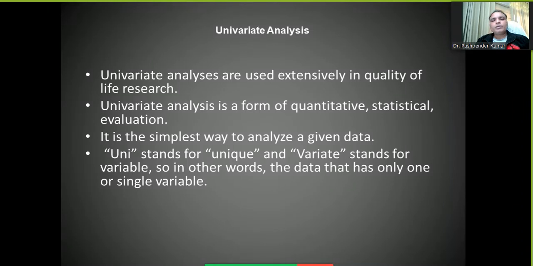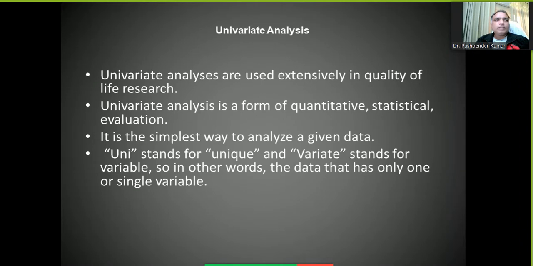Uni stands for unique and variant stands for variable. So in other words, the data that has only one or single variable. So if I say business research, this is one variable, right? Your income, one variable.